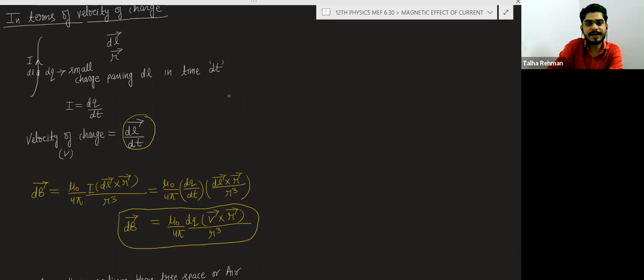DL vector is the length vector. Okay, DL vector is the length vector. R vector is the position vector. Some students think that length cannot be a vector, because length is a scalar quantity.